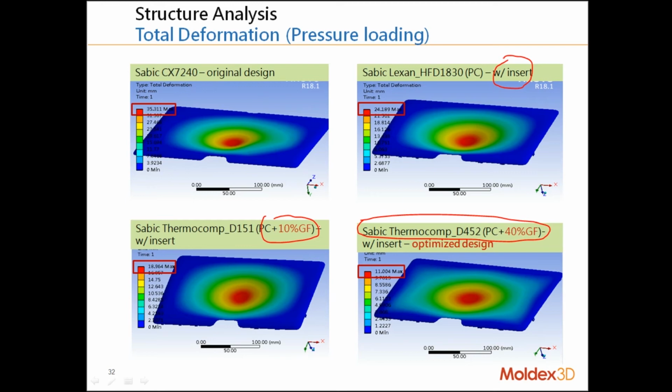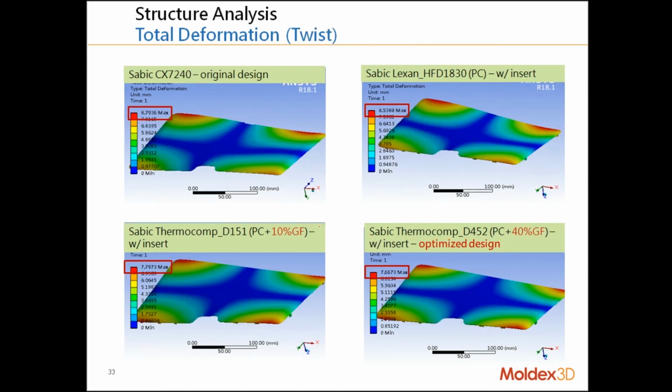This is the difference showing the total deformation in each design by applying the pressure loading in the middle. As we can see, the final design has the lowest deformation, which means that the strength of the part has been highly improved.